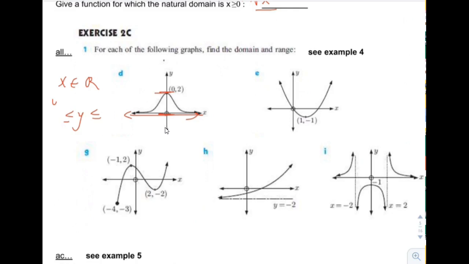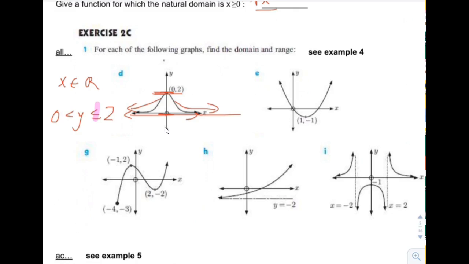Do you see how the function approaches x but doesn't touch? Approaches x but doesn't touch. So here we're going to put 0 is less than y, using the less than sign, not less than or equal to, because it doesn't actually touch 0. On the other hand, the function does touch y equals 2, so we put less than or equal to for that one. Okay, next one.